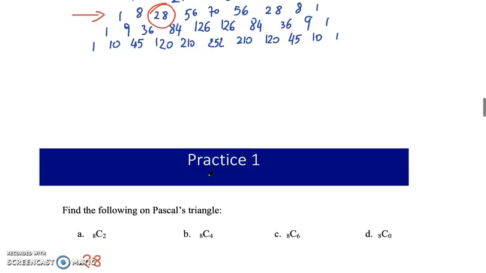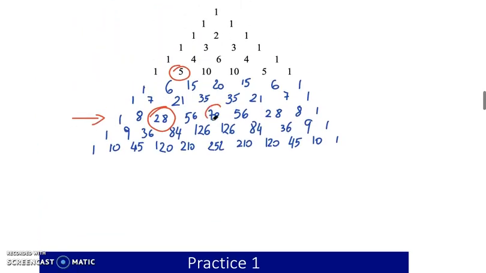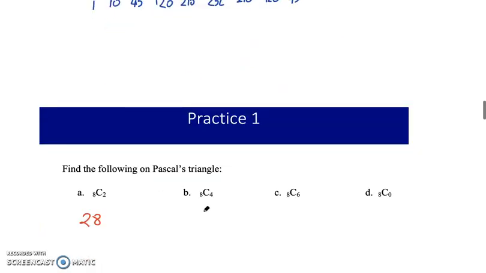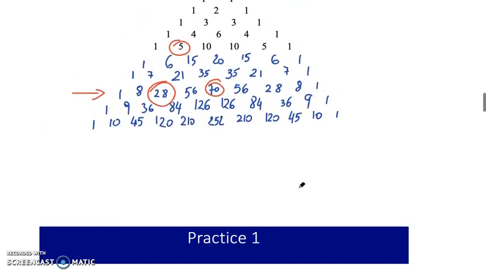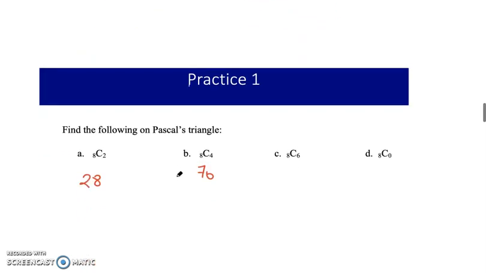And the next one will be same row, position 4. Position 4 will be 70. And we have it here. Position 6 will be, again, 28. Please note that the second and the 6th number are the same because the triangle is symmetrical.